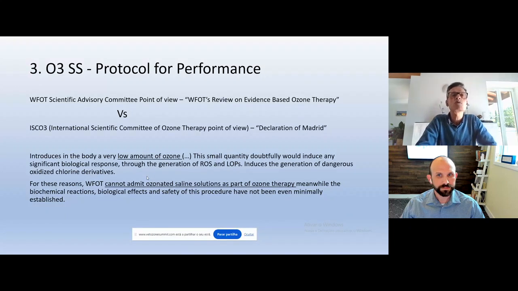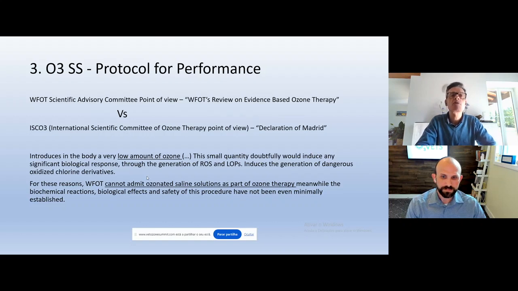In terms of saline solution, I just raised the debate and the big war between the different points of view, that is the World Federation of Ozone Therapy and the International Scientific Committee for Ozone Therapy. The last one, in the Declaration of Madrid, they speak long about all the protocols, how to prepare this solution.